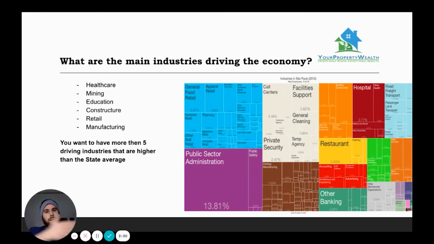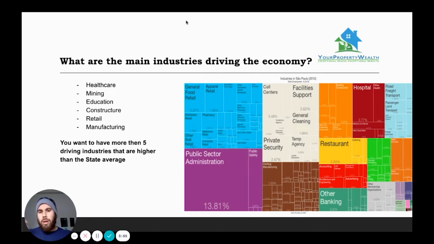Has it been increasing? Because if it's been decreasing as the years go on, that market might be getting softer in that industry. So we want to make sure those economic driving industries are still on a positive slope, starting at the left-hand corner of the graph and going to the far right. We want to make sure it's trending up.